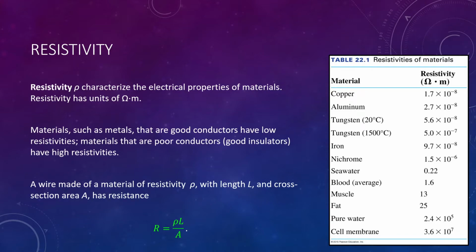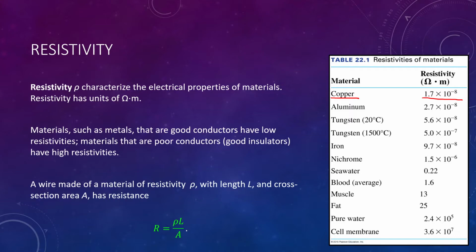So notice copper, which we make basically all of our wires out of, is right at the top here with the smallest resistivity value out of everything listed. In other words, copper allows charges to flow very efficiently, and so that's why we make our wires out of it.